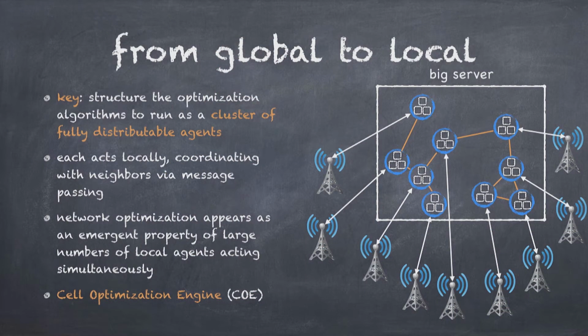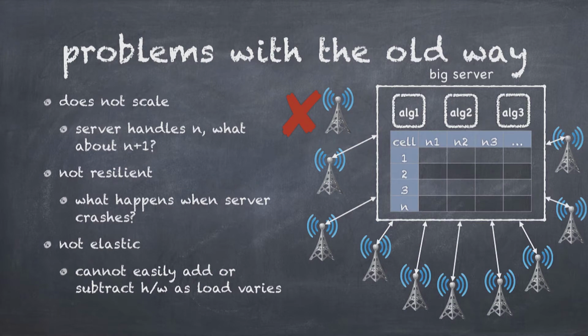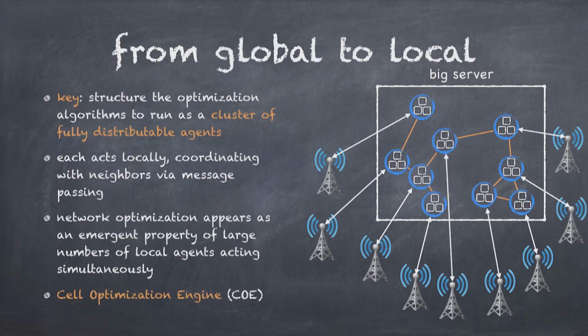So the key is to go from a global perspective on these algorithms to a local perspective. Again, the key here is to structure the optimization algorithms so that they run as a cluster of fully distributable agents. If you look at the transition from the old way to the new way, you can see that now the base stations are speaking only to their local agent.